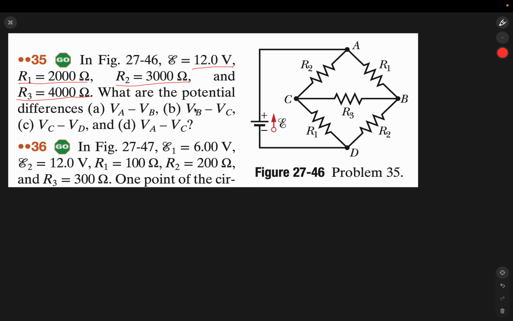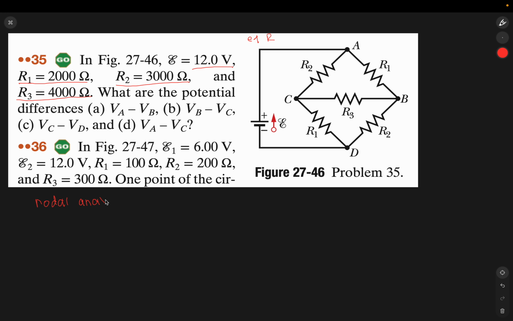Starting off, the first thing that we need to recognize is that this circuit is not easily condensed into a parallel or series circuit. So we can't solve this problem by finding equivalent resistances by rewriting the circuit into something simpler. We're going to have to use a different approach, and this approach is called nodal analysis.